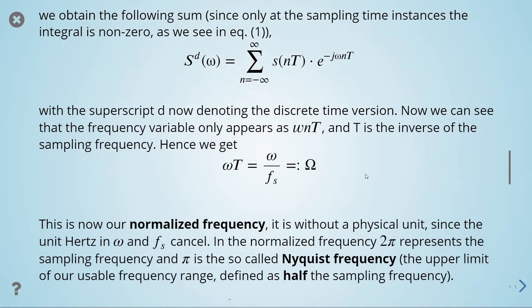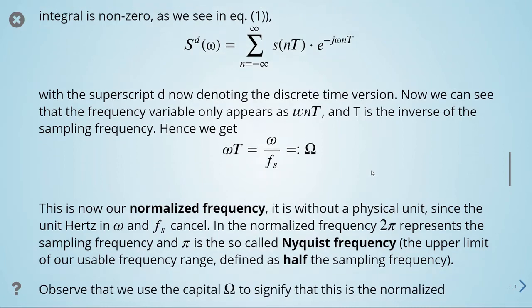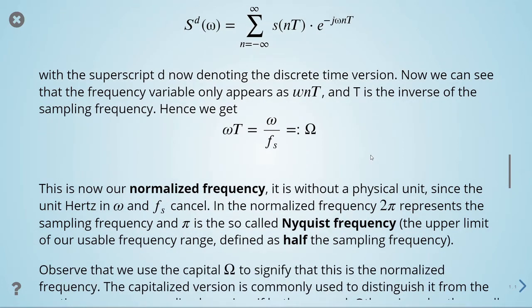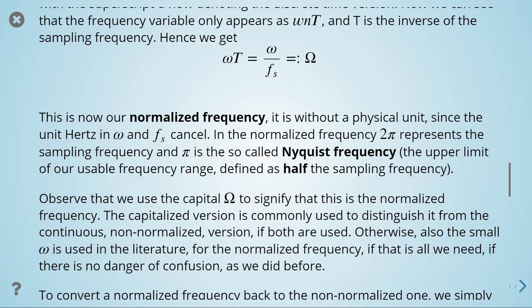The normalized frequency is without a physical unit, since the hertz in the omega and in the sampling frequency cancel. And in the normalized frequency, 2 pi represents the sampling frequency, and pi is the so-called Nyquist frequency. So this is the upper limit of our usable frequency range, and it's defined as half the sampling frequency.